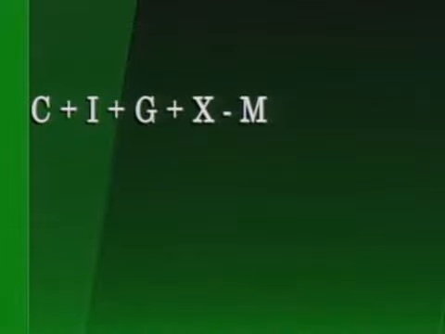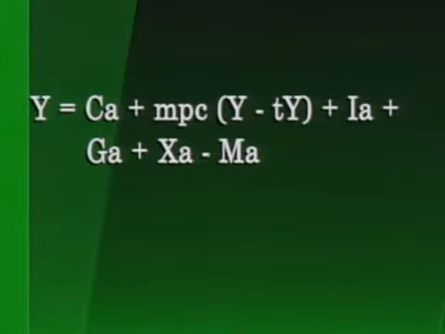Now, aggregate expenditures are equal to C plus I plus G plus X minus M, so we can substitute this into the equation. Now, we've given specific behaviors to households, firms, the government, and the foreign sector, so we include those in the model. We have Y = CA + MPC(Y - TY) + IA + GA + XA - MA. Still, output equals aggregate expenditures, but it's been written explicitly to give rules of behavior to our players.